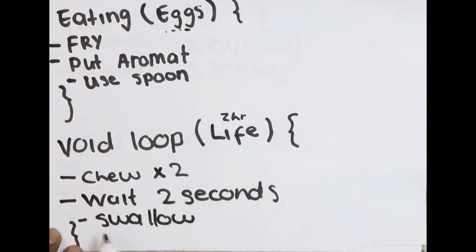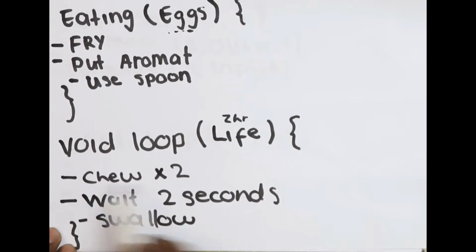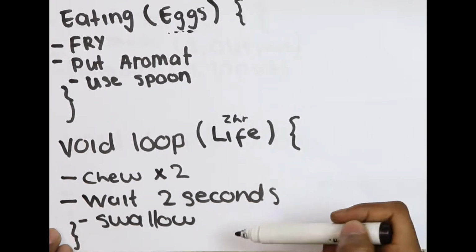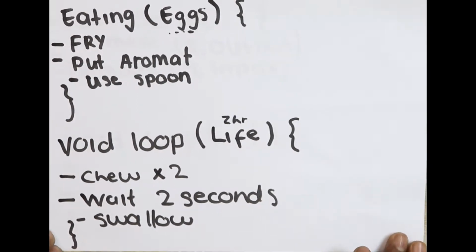Okay, I'm not really sure how you spell swallow. But yeah, these are the instructions that you are going to be doing as long as you live. You're going to be eating eggs that are fried with aromat. You're going to chew them twice, wait 2 seconds, and then swallow them. And you're going to be in this loop for life. If I specify 2 hours, you're going to do this for 2 hours. So if you understand this, this works the same way with your Arduino.